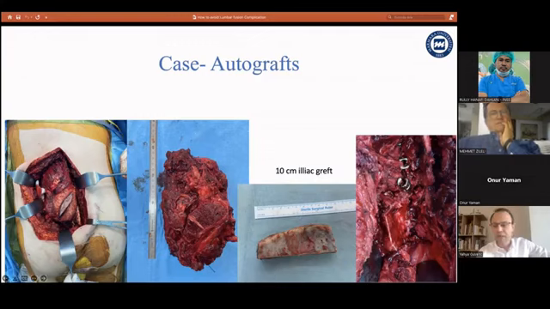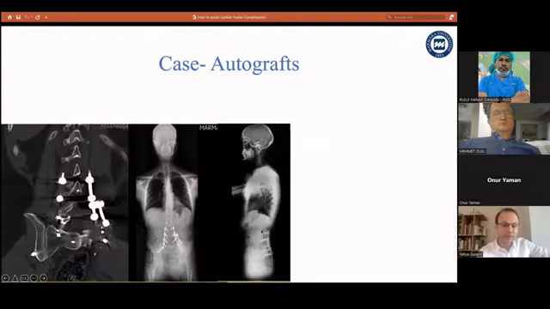There is a very big, huge area here, and we used autograft. We took a 10 centimeter iliac graft and put it here horizontally. This is the post-operative CT and X-ray.